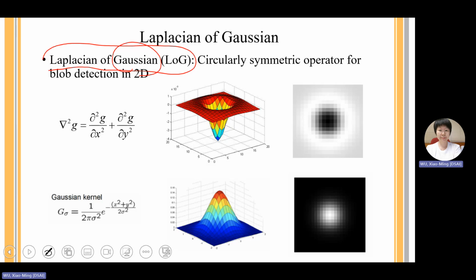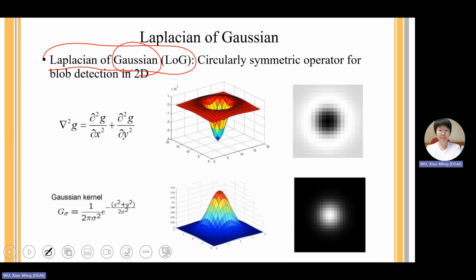The Gaussian function, Gaussian smoothing, derivative of Gaussian. Now we have Laplacian of Gaussian. The Gaussian function is really useful, just like image gradient. We can apply a Gaussian filter for smoothing. Then we can apply derivative of Gaussian for edge detection. Now we apply Laplacian of Gaussian for blob detection.